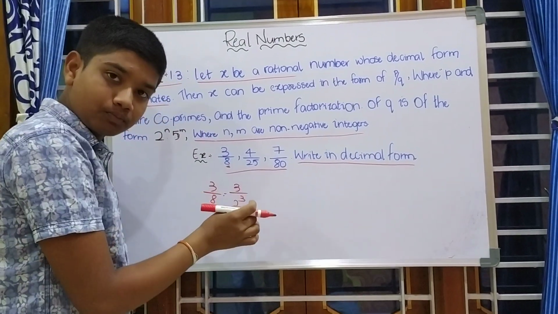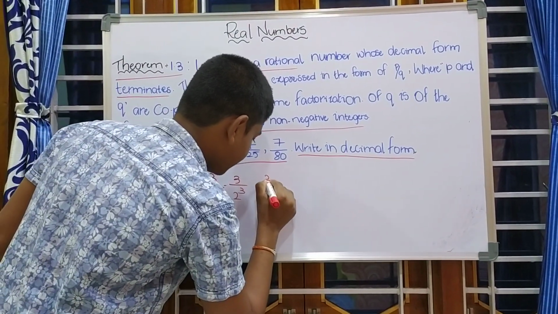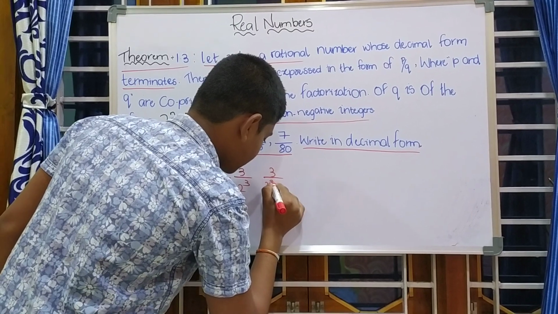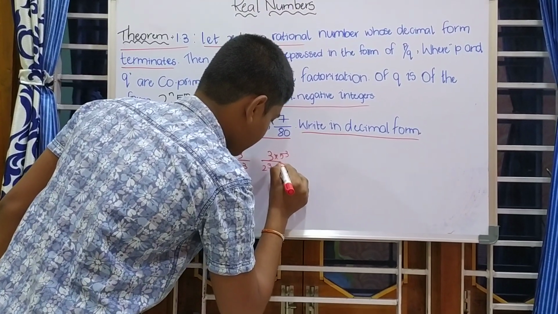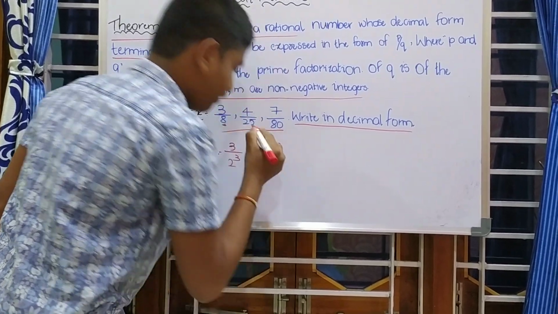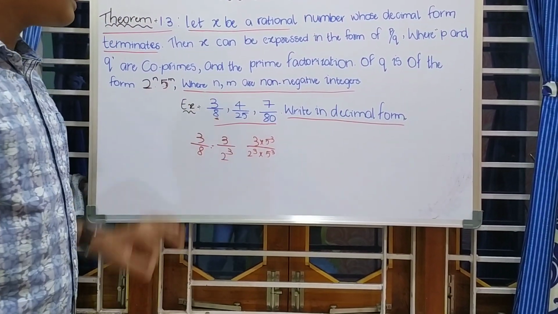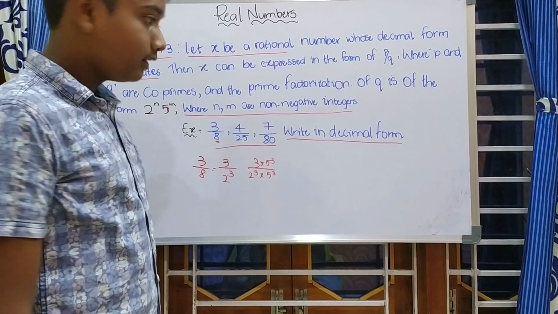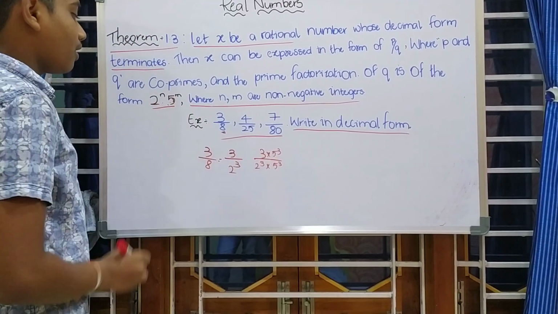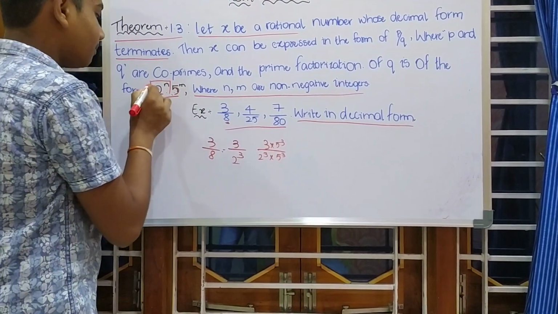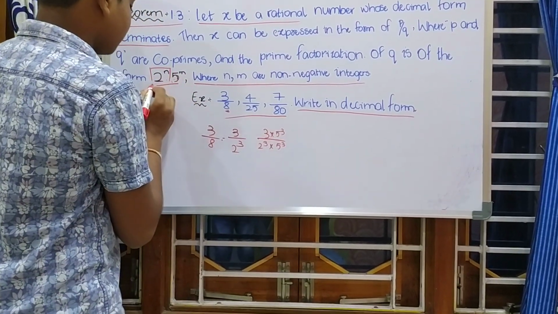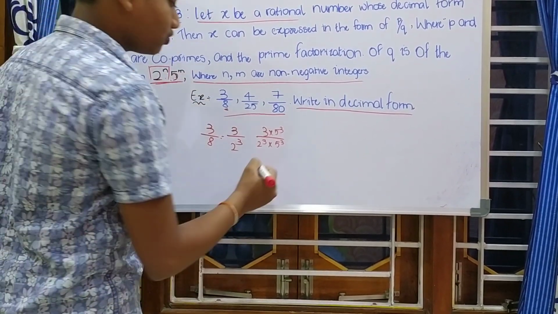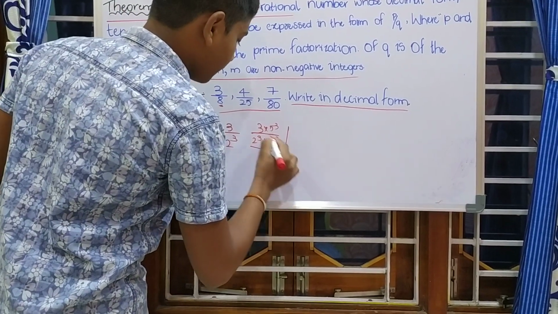Here it is cube, so we have to multiply the denominator and numerator by 5 cube. If 5 is not there in the denominator, that means it is not in this form, so we have to change it into the form 2 power n and 5 power n.